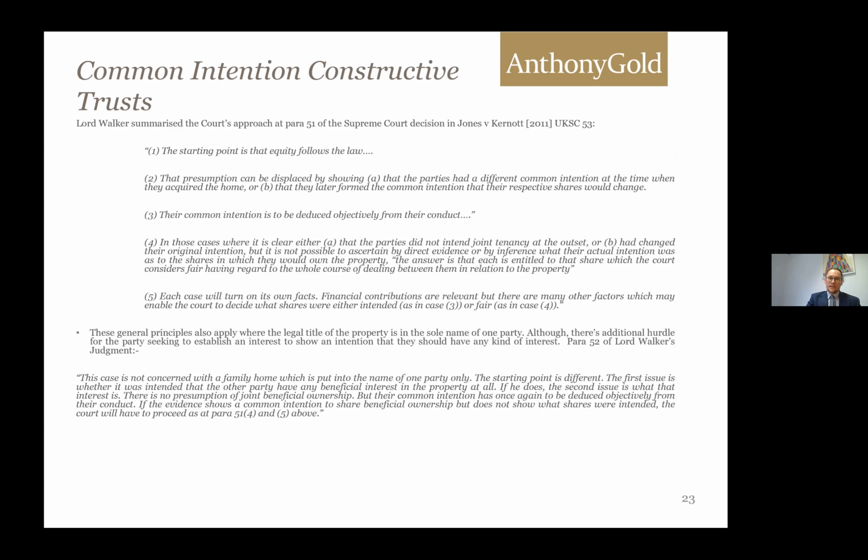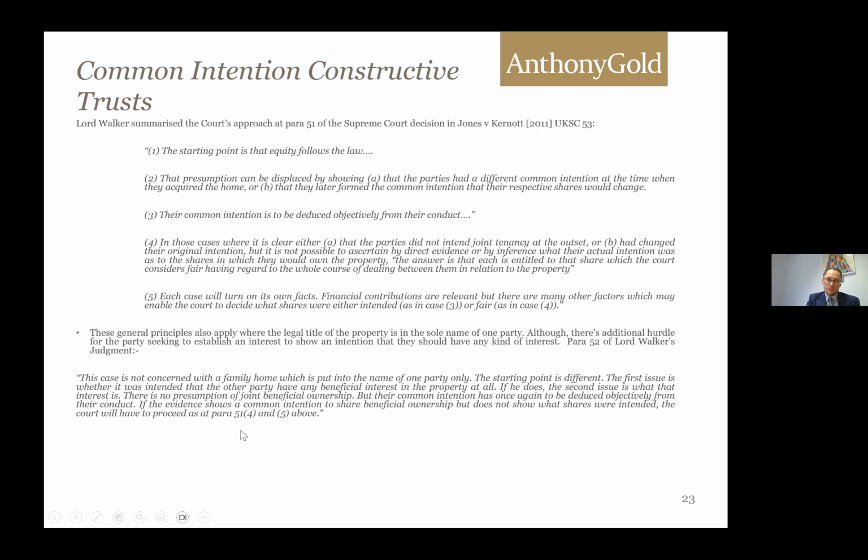And so moving on to the approach that the court takes, taking all of that into consideration, Lord Walker summarised this quite helpfully in the Supreme Court's decision in Jones and Kernot, which you'll find slightly paraphrased and listed on the slide here. As per Stack, the starting point is that equity follows the law, and then it's about displacing that presumption.